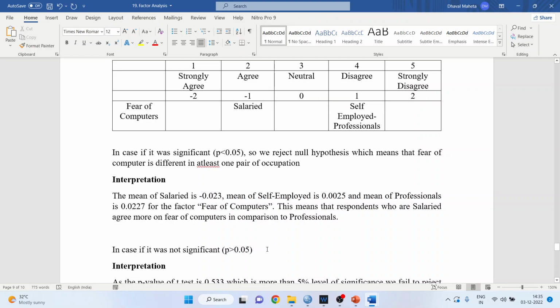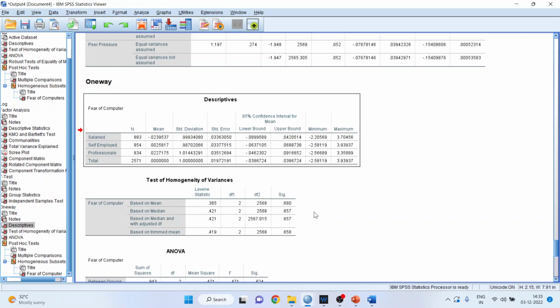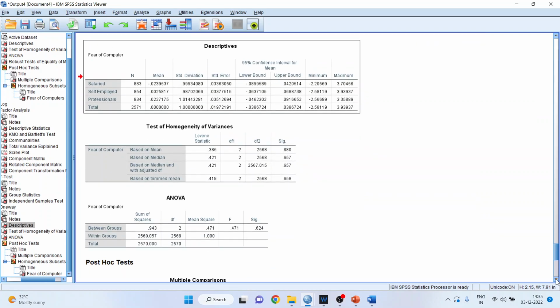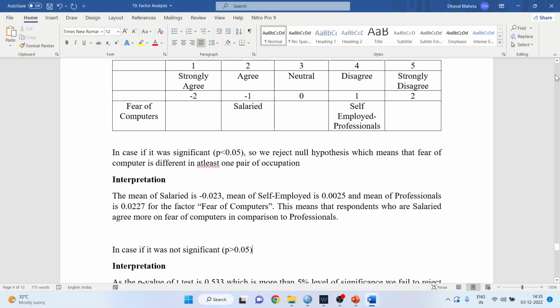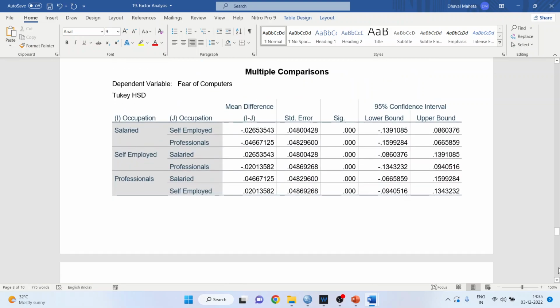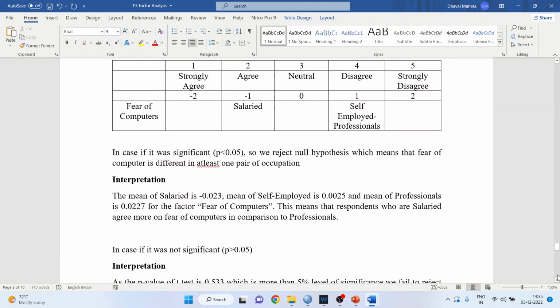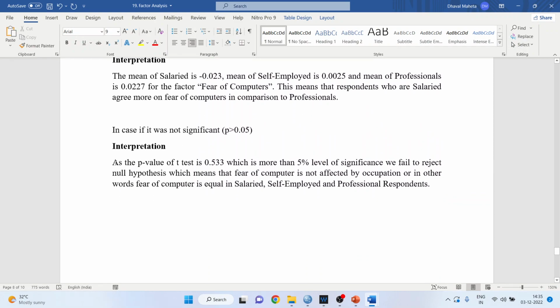Now the next part. In case our ANOVA was not significant, which is our real story. Here it is 0.624, right? Let me change this to 0.624. What would be my interpretation? In this case, we will not go for post hoc because we failed to reject the null hypothesis.